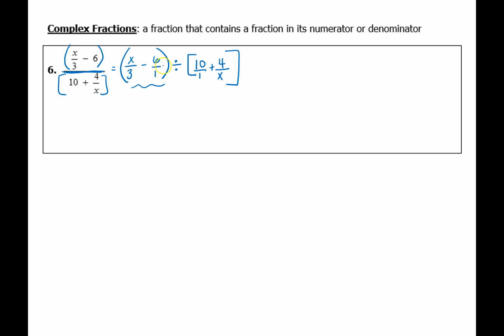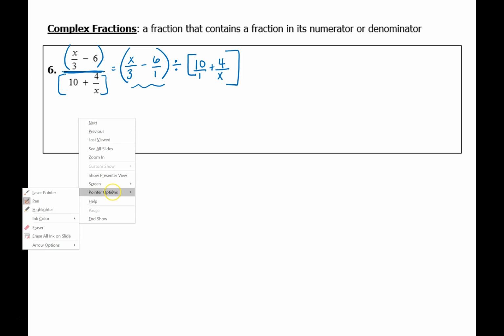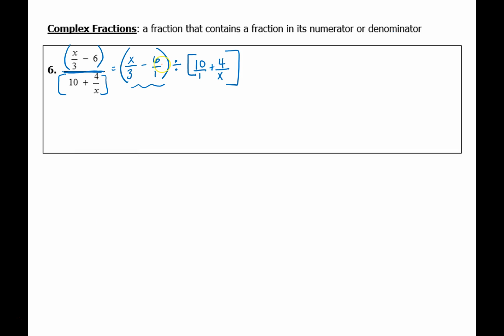And then I can make it one fraction instead of two that are being subtracted. So if we're looking for an LCD there, the LCD is 3, and this one needs to be multiplied by 3 over 3. So when I do that, I get x minus 18, and that's all over 3.